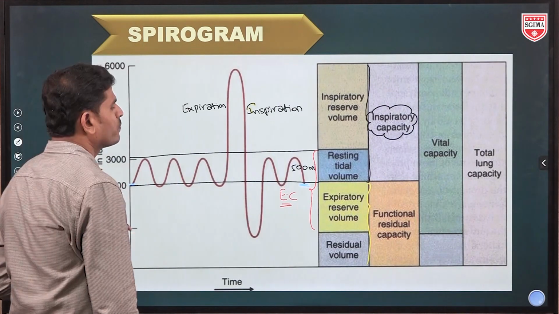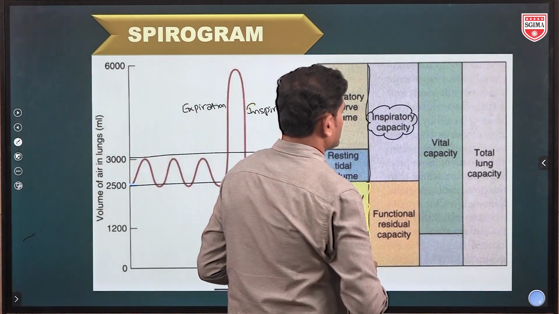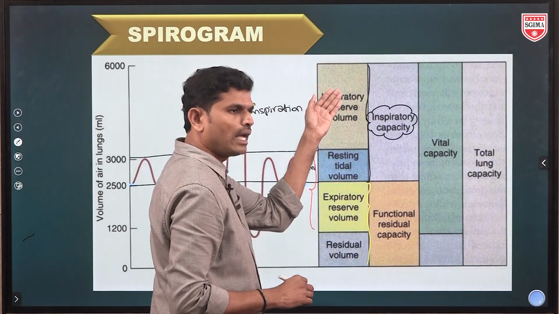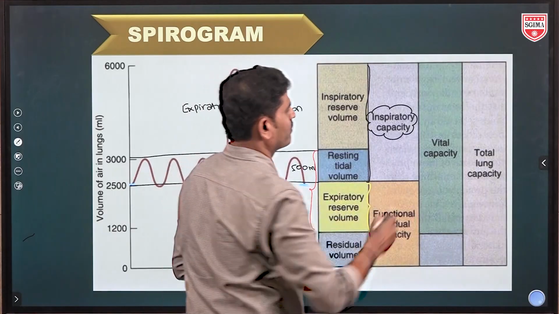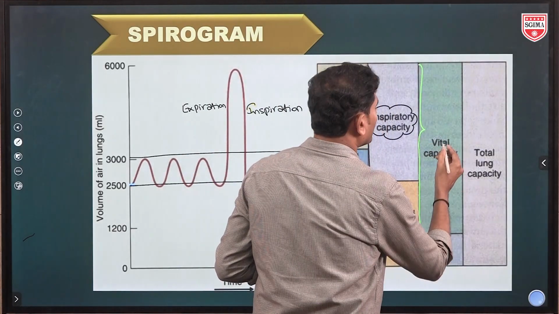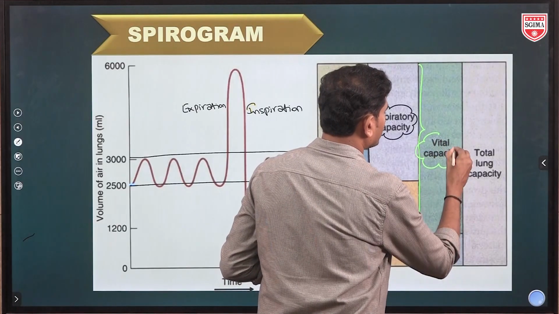The next one is vital capacity, which is TV plus IRV plus ERV. These three volumes decide the vital capacity.